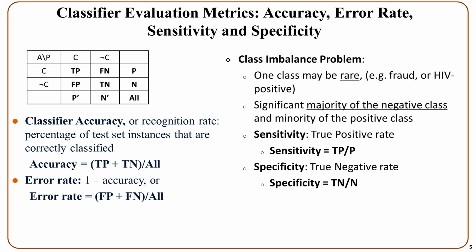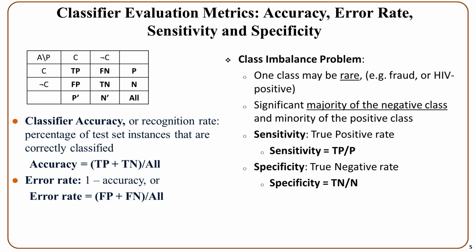From the confusion matrix, we can compute the accuracy, or classification rate, or recognition rate, which is the percentage of test instances that are correctly classified.